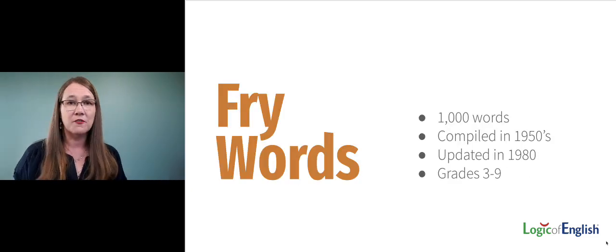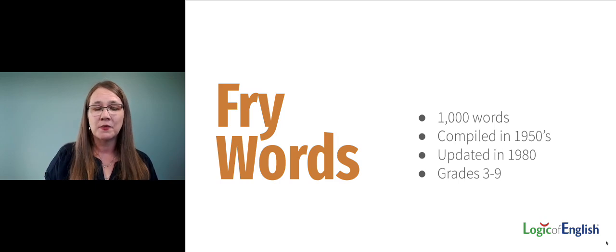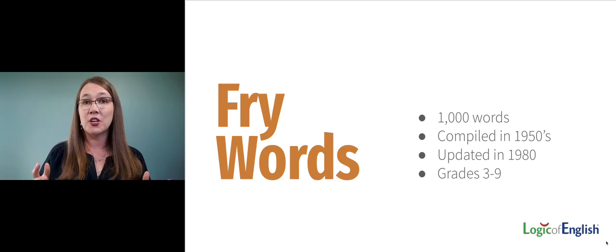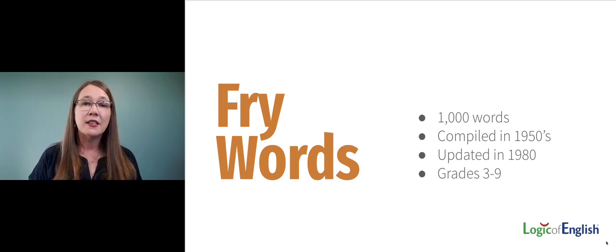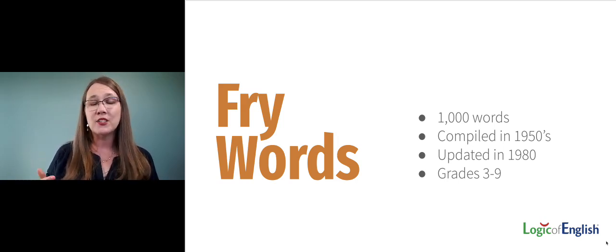Another list that people are familiar with are the Fry words. The Fry words include 1,000 words. They were compiled in the 1950s and updated in the 1980s. The Fry words used texts from grades 3 through 9. So that's the body of literature that they used to compile the Fry words. Now, when you extend out to 1,000 words, there's going to be quite a bit of variation in the texts based on what texts you used.